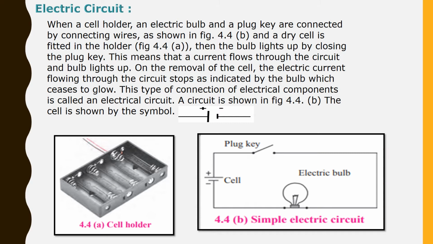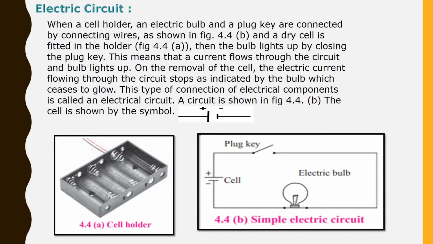So when we remove this electric cell from this simple electric circuit, then obviously the electric current will not flow in that circuit, and due to that this bulb will not glow. So this type of connection of electrical components is called an electrical circuit. This electrical circuit is shown in figure 4.4b, that is a simple electric circuit.